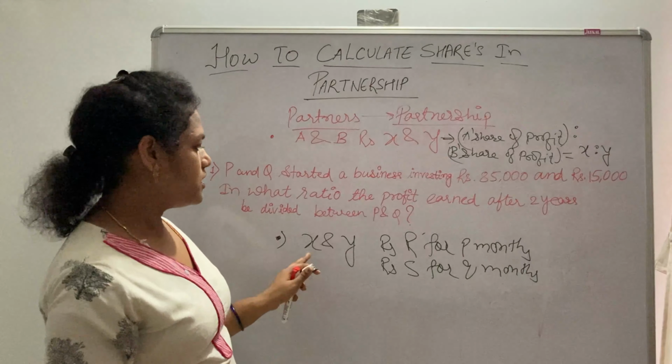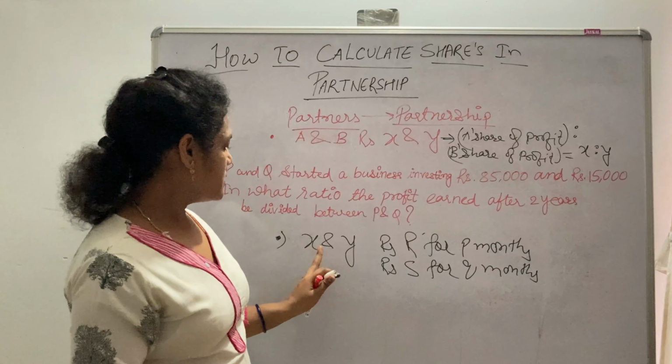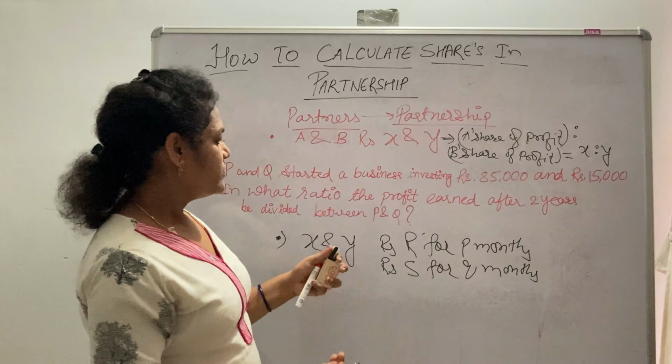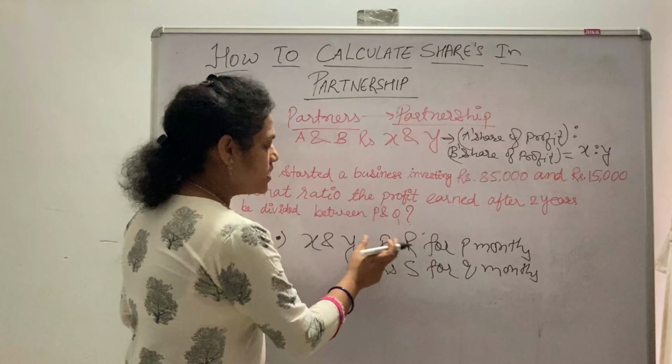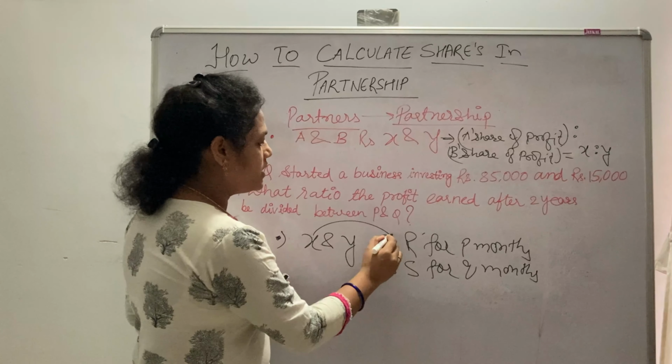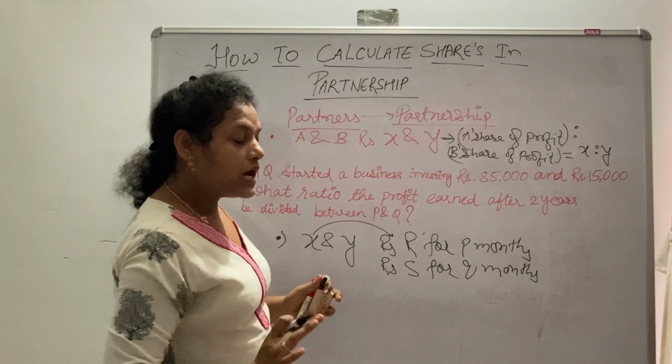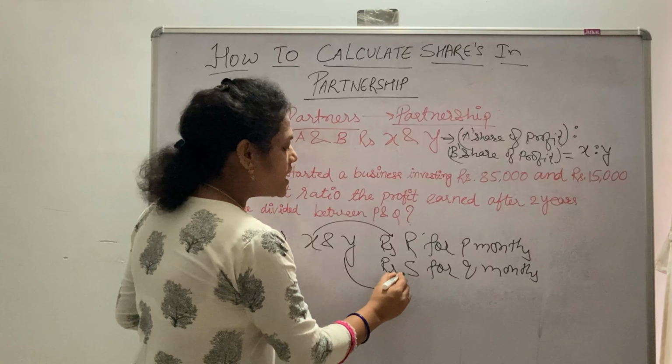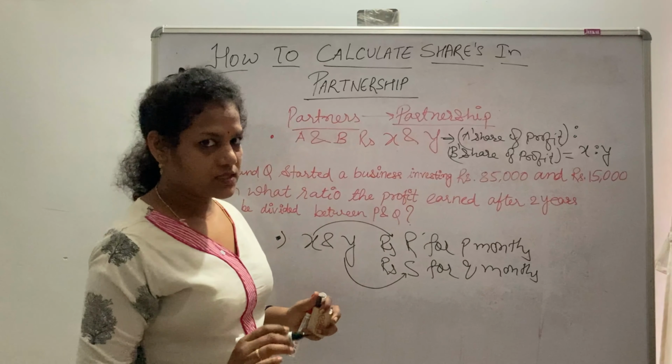What I am saying is, here are two persons X and Y, the partners, investing money. X invests R for P months, and Y invests S for Q months.